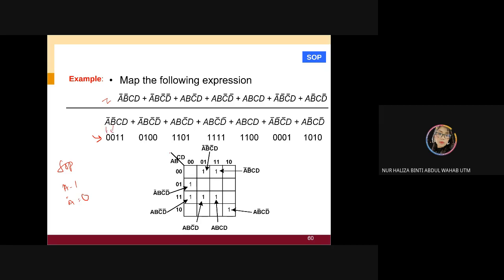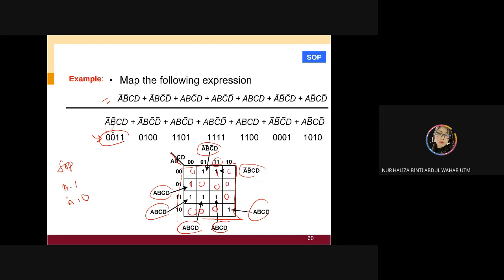You draw the KMAP, and for each of these, 0, 0, 1, 1, you get 1. 0, 1, 0, 0, you get 1. So that's why you can see it's all represented here. The rest will be 0.